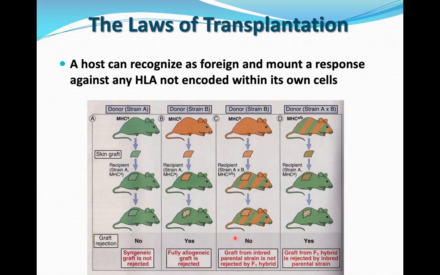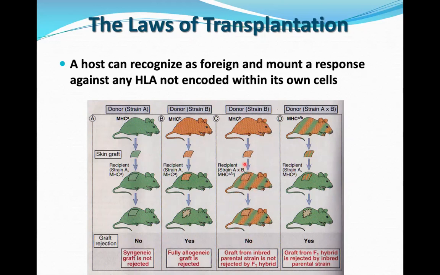Try to figure out why. Because the B antigens are going into this hybrid which has both A and B antigens. And even though this has A antigens, that isn't an issue because we are reacting against the donor. So the B and the B are compatible, so there's no rejection.